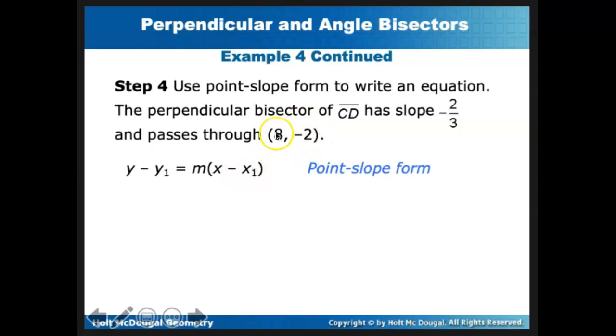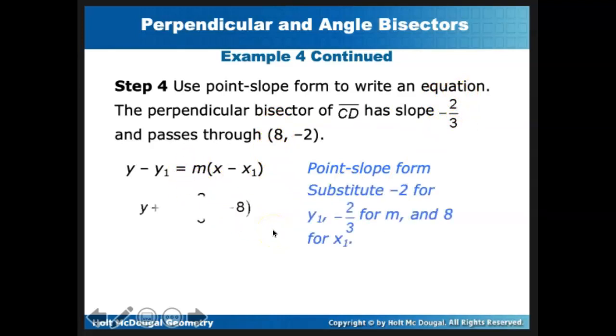Your x1 is replaced by your value here. And of course your slope, that's always what m is. So just putting those values in, we have y plus 2 equals negative 2/3 times the quantity x minus 8. And it didn't tell us what form, so we're good with that.